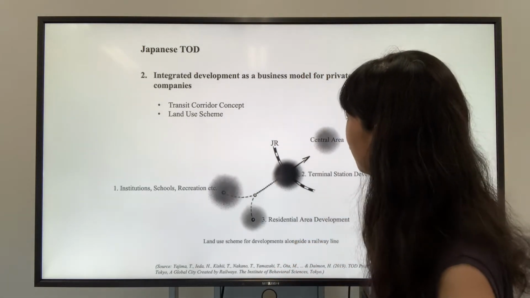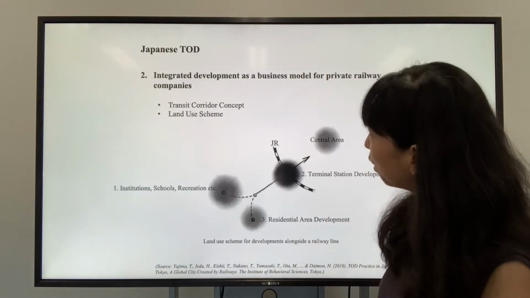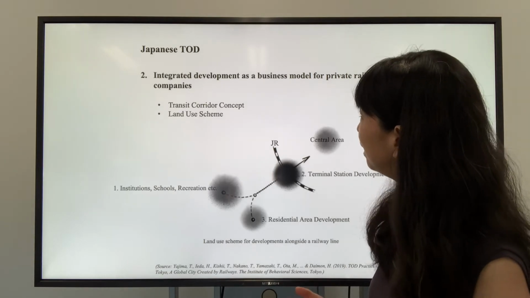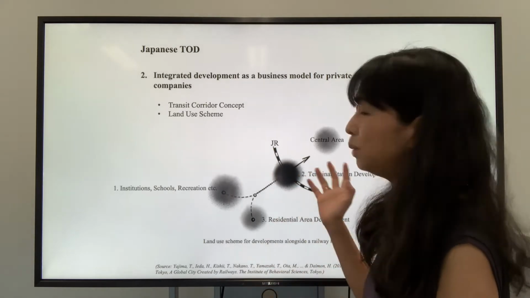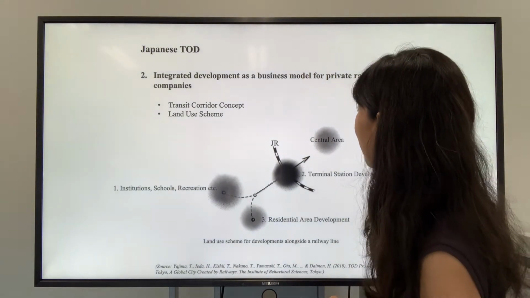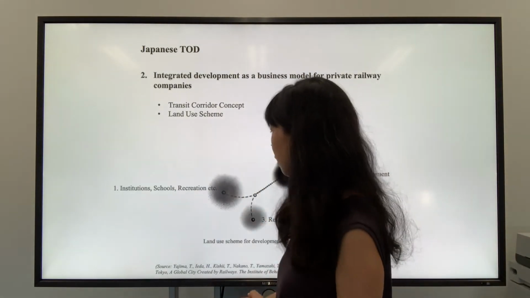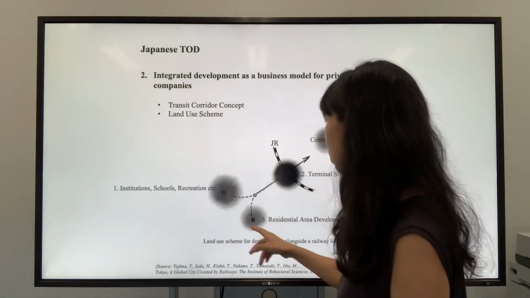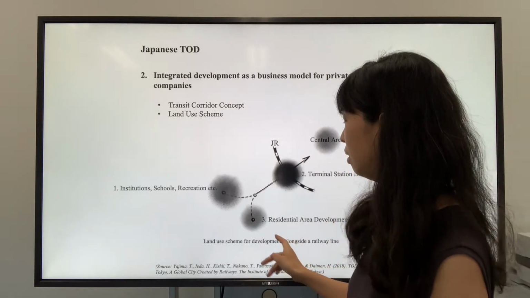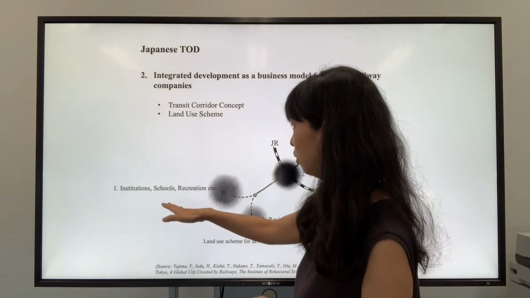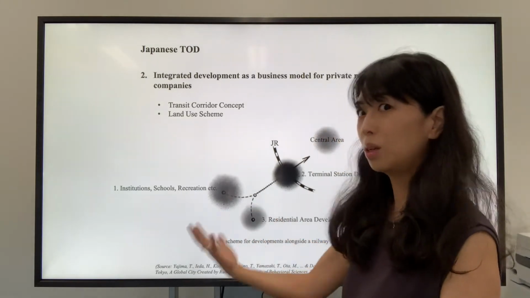So this is why, if I summarize very simply, it is a business model, and I will go deep in detail about these three items that you see. The first one is about the institution, schools, recreation. What do I mean by this?